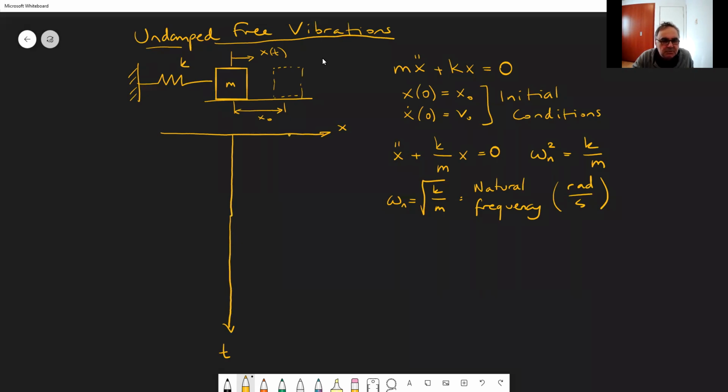This is x0, the initial condition. If I leave this system, what will happen? I pulled it, I left it, then it will go back and forth with a certain period, and that period depends on the natural frequency of the system. It will do something like this over time.